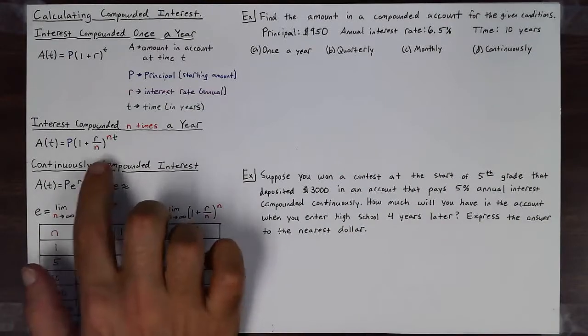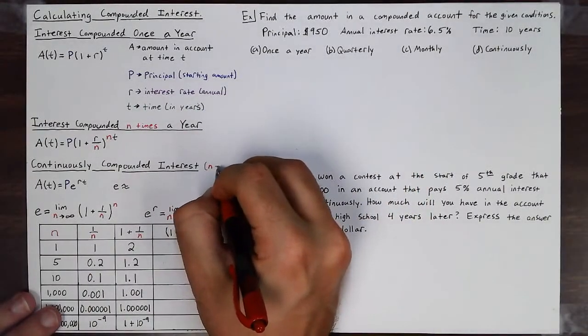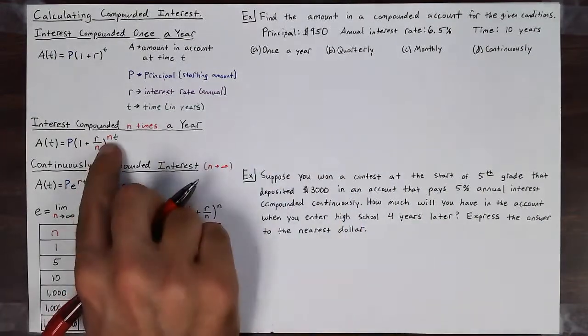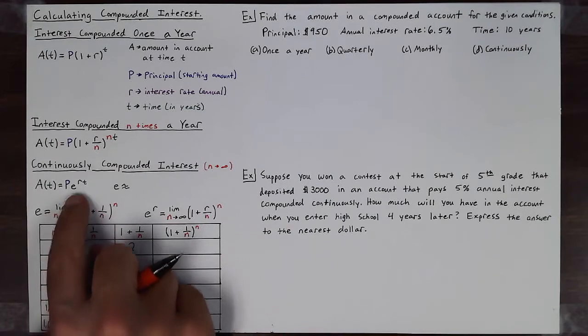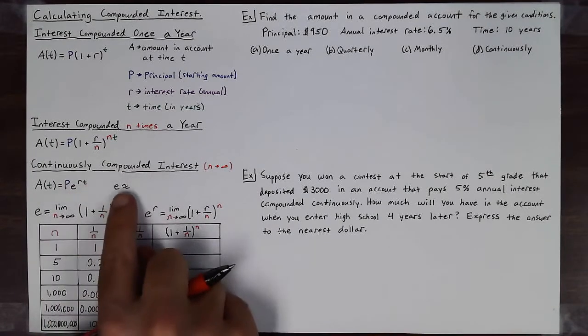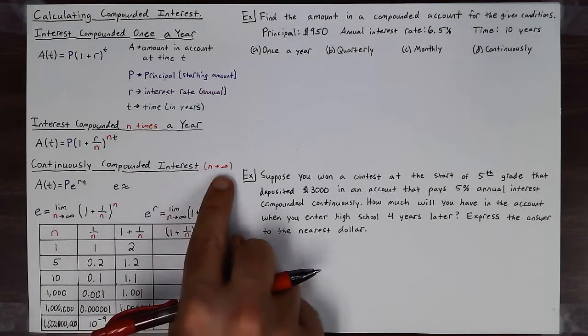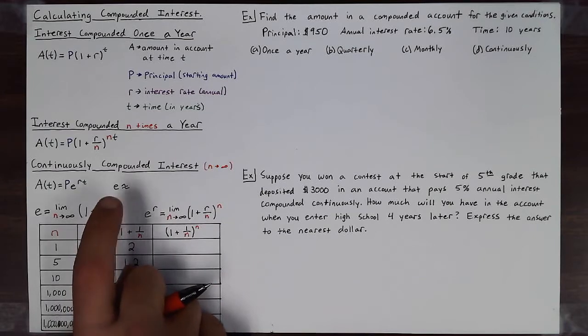If you do it an infinite number of times, meaning n is a huge number, then we approach this formula: A is equal to the principal times e to the rate times time, where e is a very particular number whenever n is huge for the expression 1 plus 1 over n to the nth power.